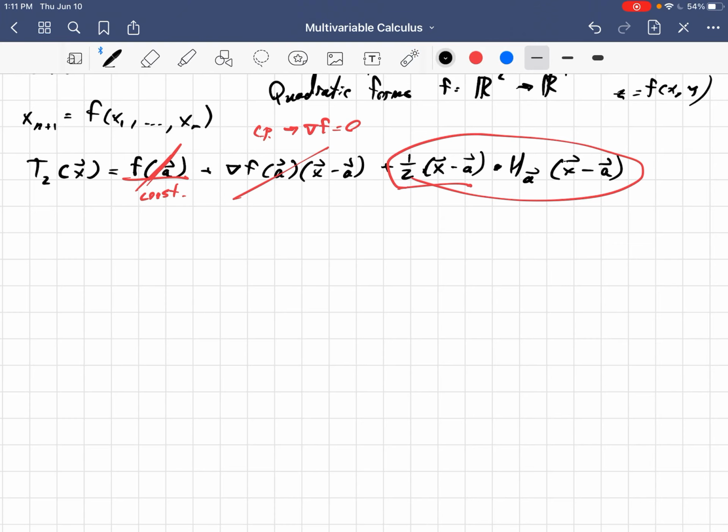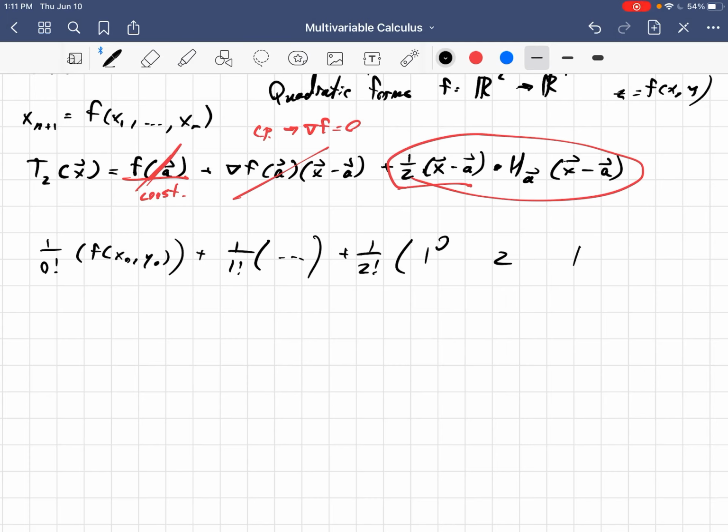And if you remember, the constants were 1 over 0 factorial times f of, say, x naught, comma, y naught. Then we got plus 1 over 1 factorial, plus 1 over 2 factorial, and then we got a 1, 2, 1.